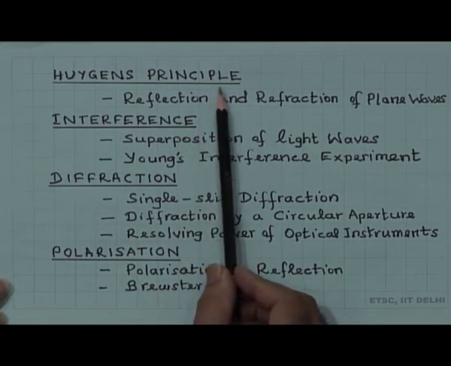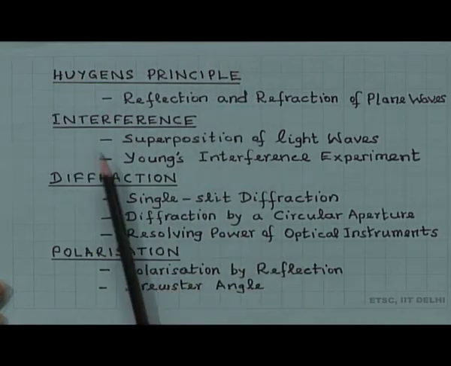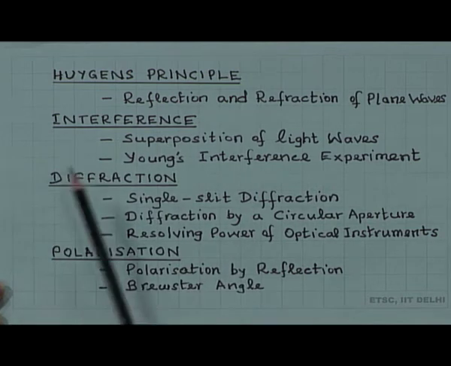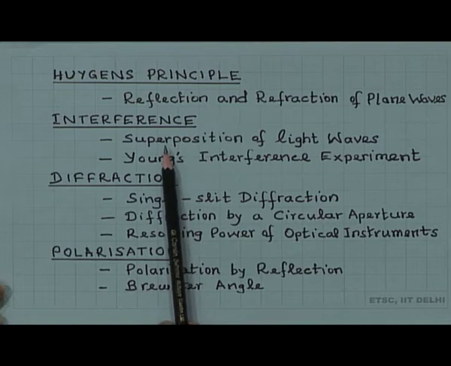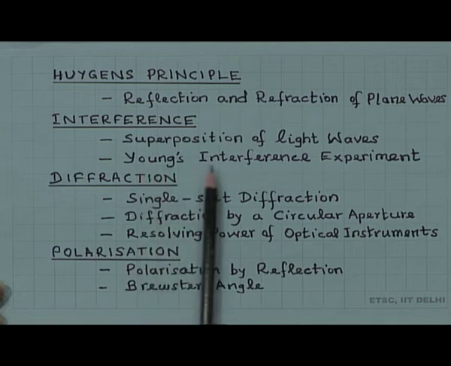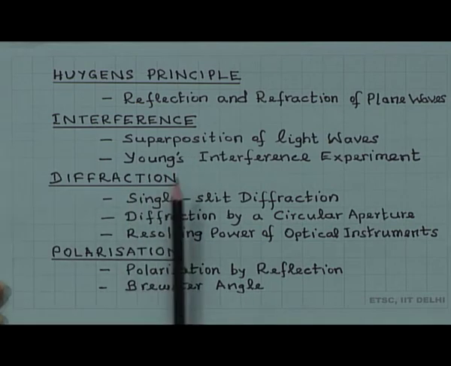Huygens principle is the first time when light propagation was described in terms of waves. Then we move on to interference. First we will discuss a little bit about superposition of light waves, and then describe the Young's interference experiment in detail, the Young's two-hole experiment or Young's double slit experiment.